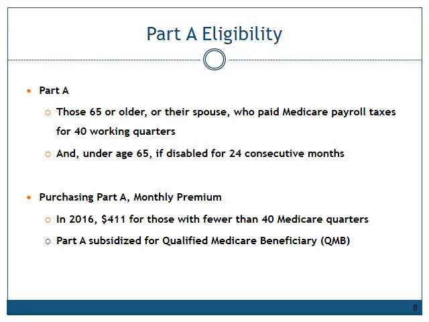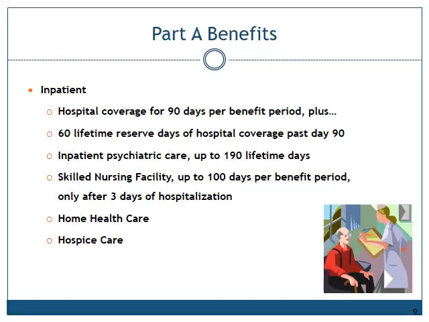Purchasing Part A, monthly premium. In 2016, it's $411 for those with fewer than 40 Medicare quarters. Part A is subsidized for a qualified Medicare beneficiary, QMB. Part A benefits.